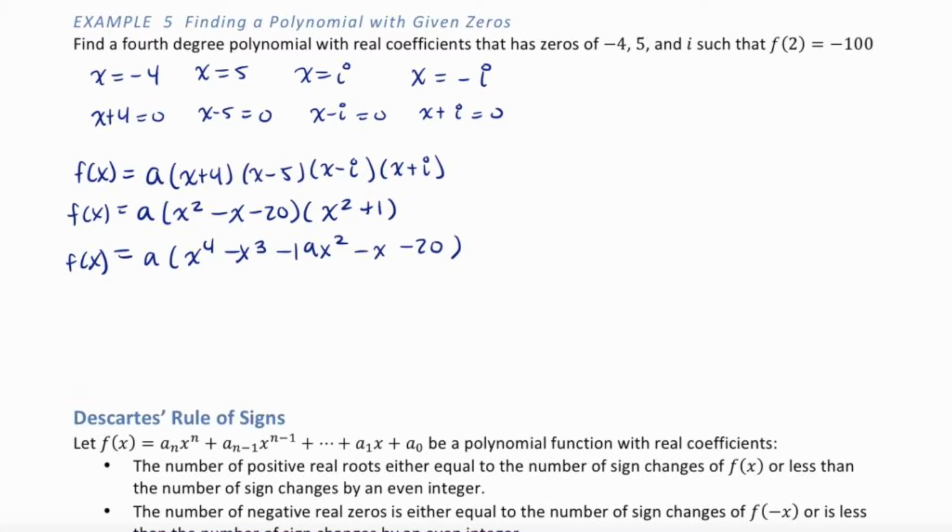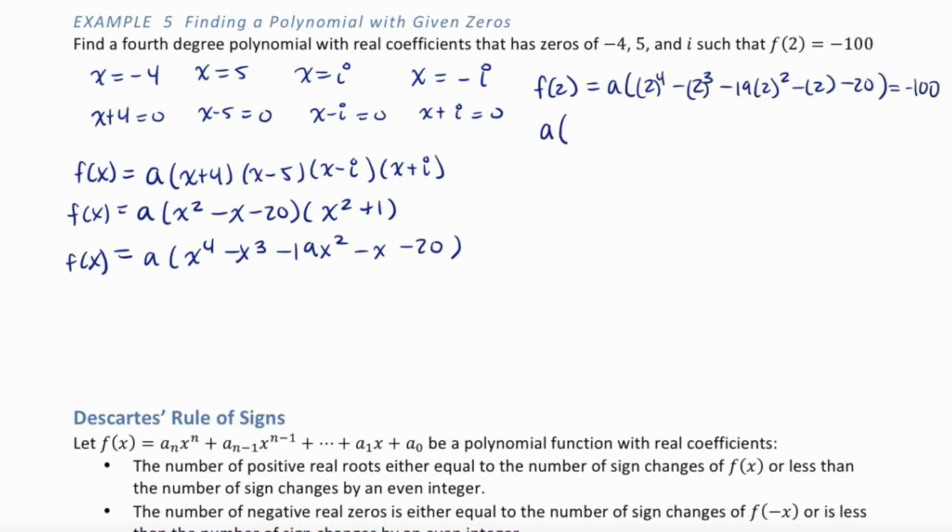Now we need to figure out what this a is using this information here. I'm told that f of 2 equals negative 100, so I have a times 2 to the 4th minus 2 cubed minus 19 times 2 squared minus 2 minus 20 equals negative 100.